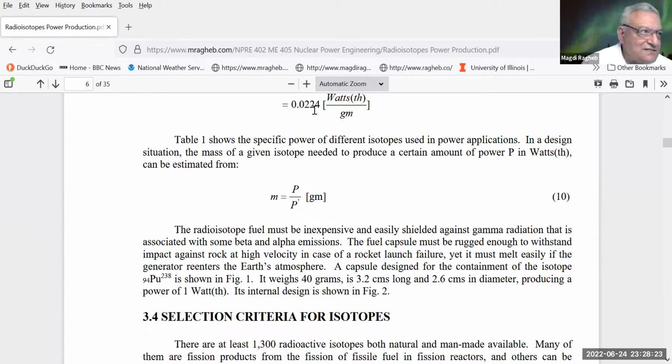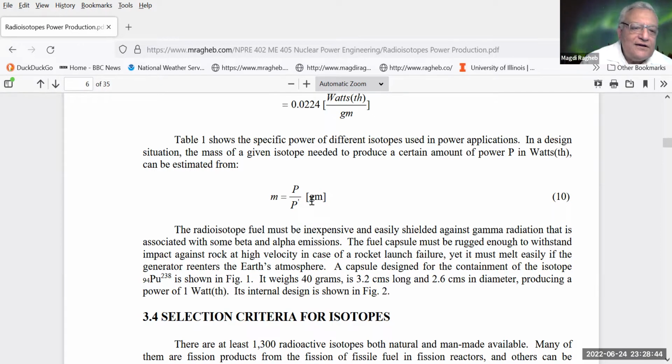What decreases, and that's very important, is the total power emitted, because the number of nuclei or atoms of the isotope decreases, but its specific power does not decrease. The power per unit mass does not decrease. It's a property of the isotope.